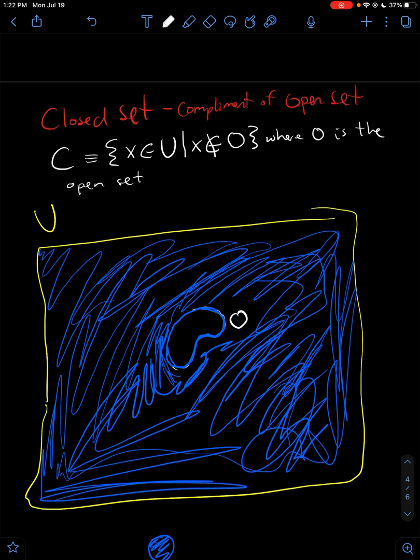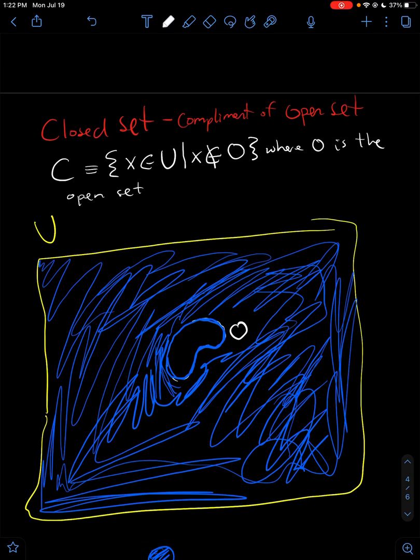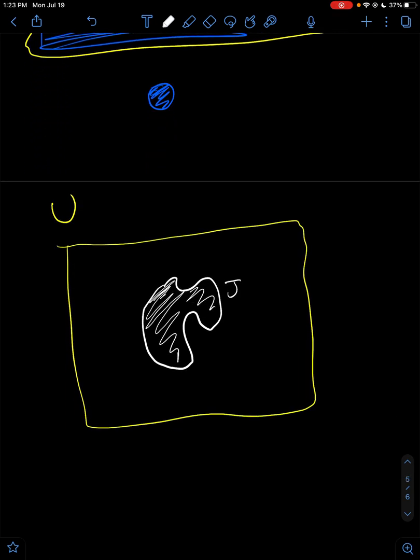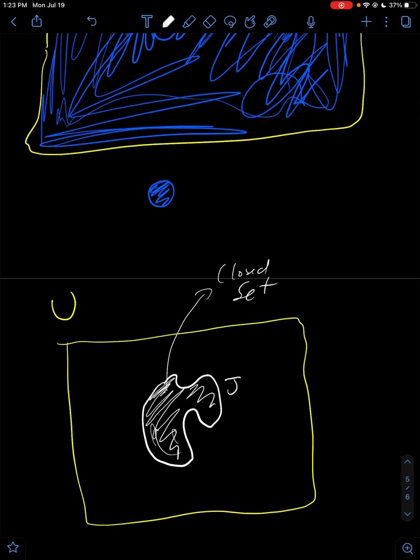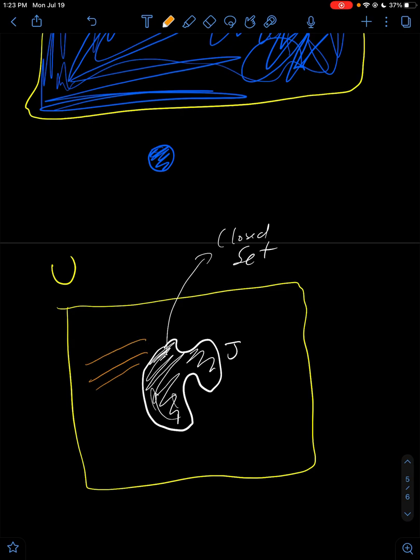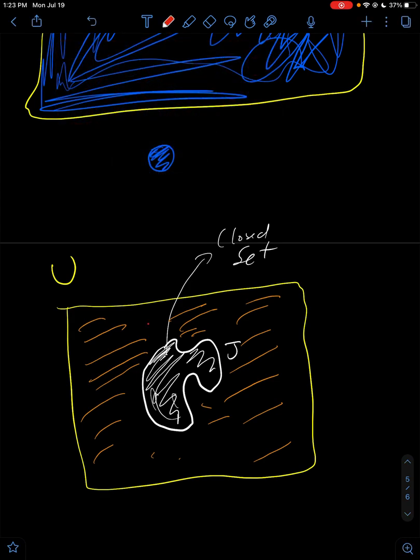Since a closed set is defined as a set of points where x is in U, where x is not in an open set. So we can verify that this is a closed set, since all the points inside of J aren't in the open set, right? Because everything outside of here is an open set.